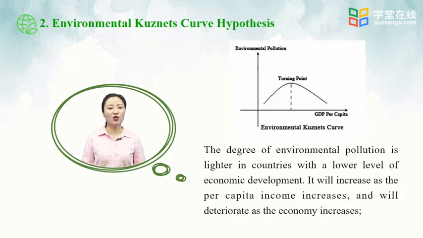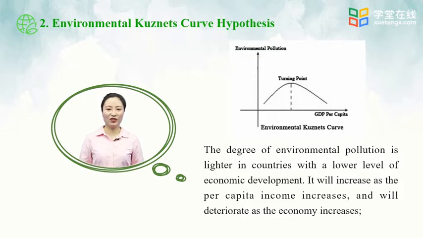It indicates the relationship between regional economic development and pollution. The form of the environmental Kuznets curve varies in many past studies, but the most common form is inverted U-shaped, similar to the curve on the screen.